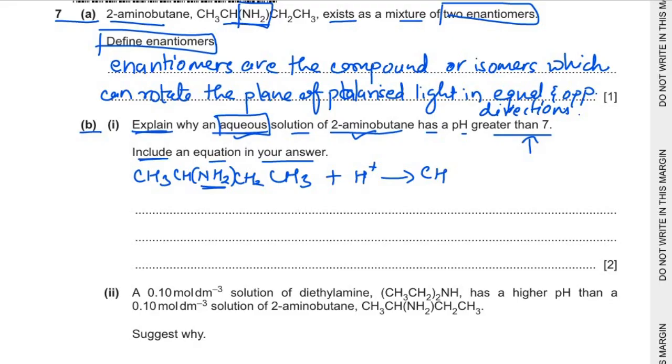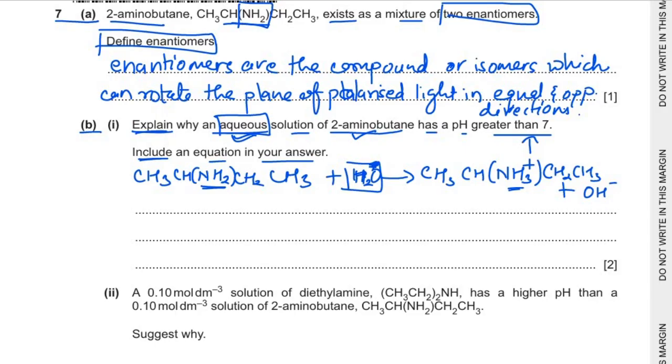So if we write CH3CH, then if NH2 accepts H+, it makes it NH3 plus here. Or we can even write H2O here in place of H+, because we have to show that the aqueous solution of it has a pH greater than 7. So we need to show water here, and then CH2, CH3, the remaining part remains the same. So if H+ out of H2O has gone with the amine group, then the remaining part is OH minus.